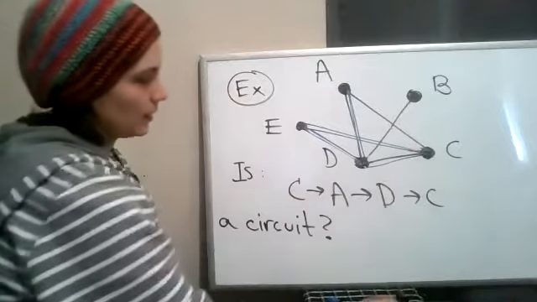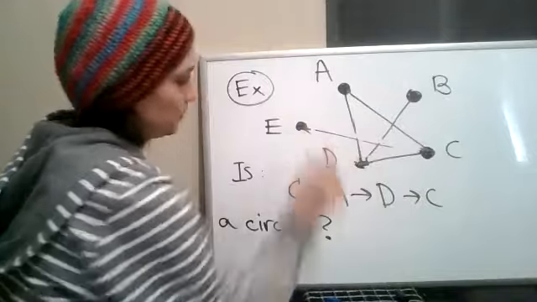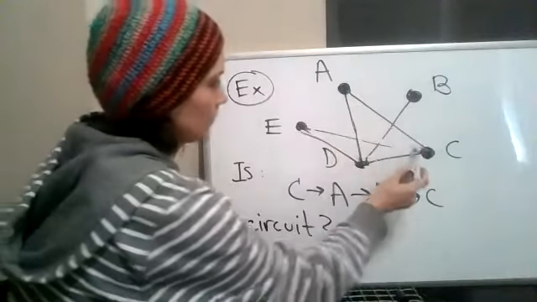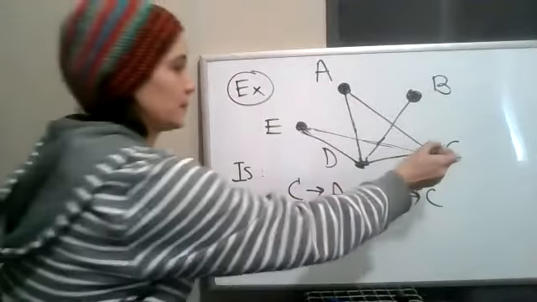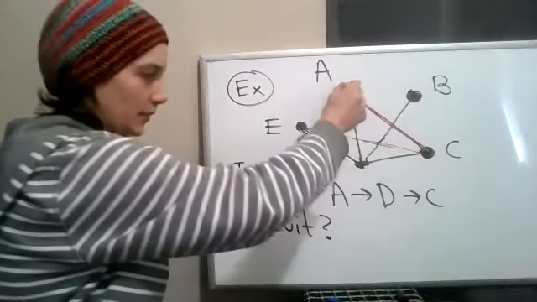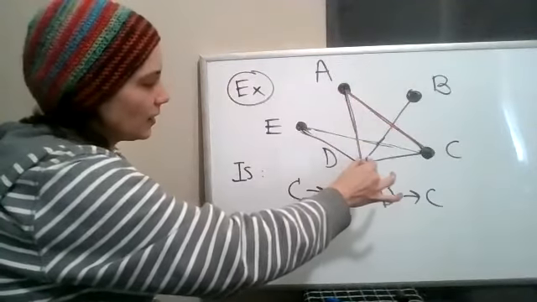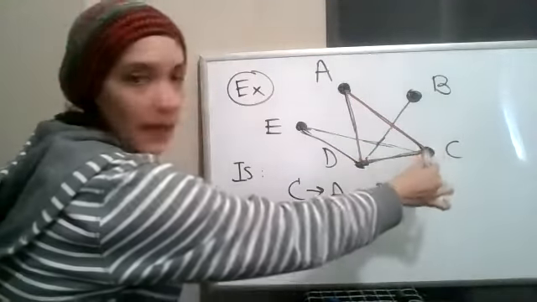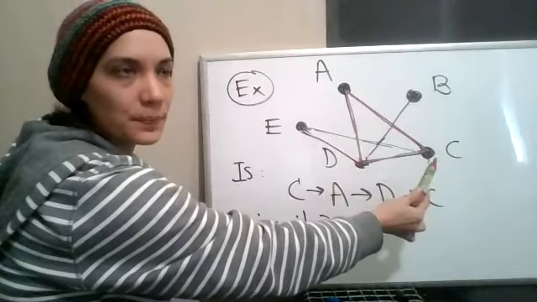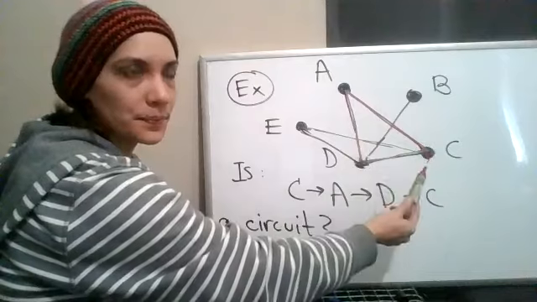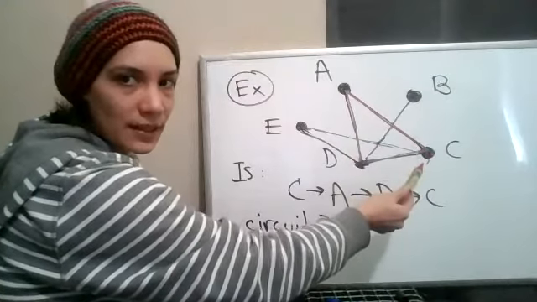C goes to A. Then A over to D. It's okay so far. D back to C, and then we're back where we started. So yes, it is a circuit. We used those edges one time, and it was a walk. Using every edge once makes it a path. And we ended where we started, which is a circuit.